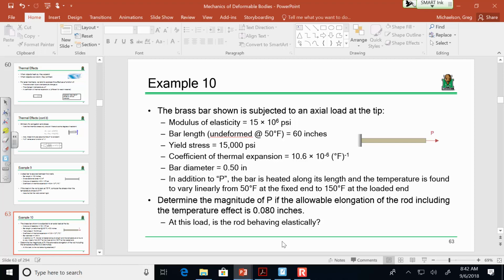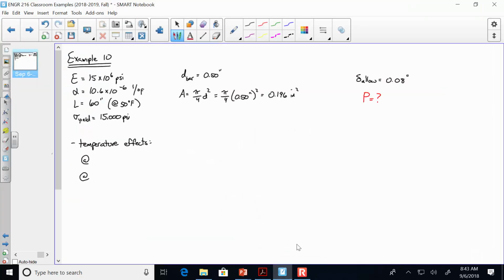Okay? So one of the things I'm going to go ahead and do right off the bat, because I've got linear variation, so I've got a function, is start to define some coordinate systems and some values, something to go off of. So here's my bar. And I have a load here.